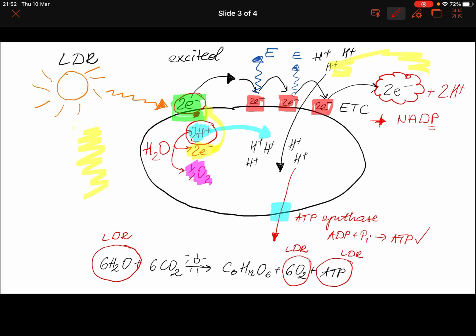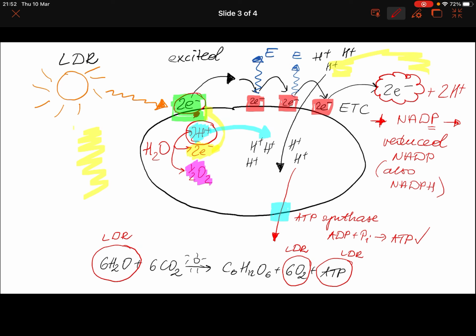So electrons, which were excited previously from the chlorophyll, and hydrogen ions now will be accepted by NADP, forming reduced NADP. Also, you can just write this down as NADPH.